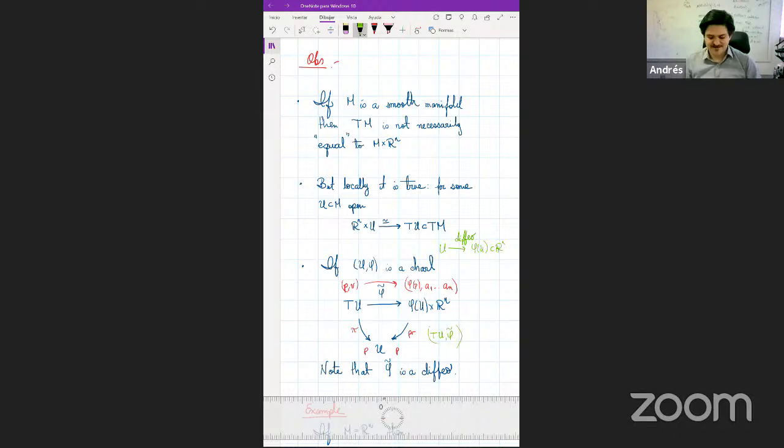Right? So that's why I'm saying that this is a diffeomorphism. Because we already proved that that's an atlas. So I have a chart, and that will be a diffeomorphism. Okay.